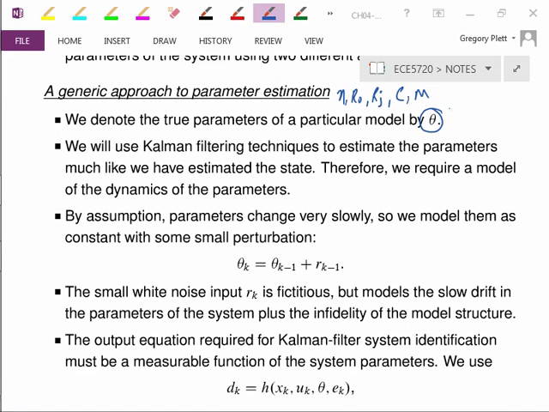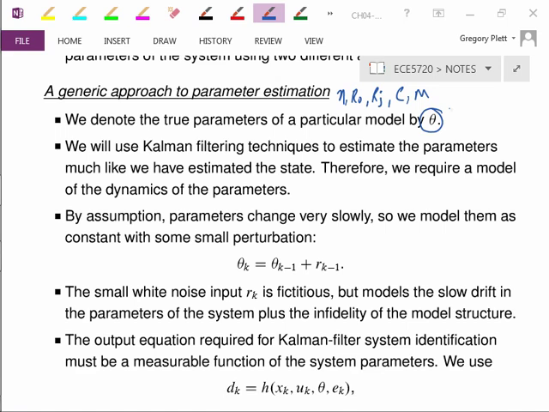We could come up with super sophisticated mathematical models of degradation of cells and put those in and say, well, this parameter changes because of SEI growth, this parameter changes because of lithium plating, this parameter changes because the positive electrode is decomposing, etc. We could have very complicated models.